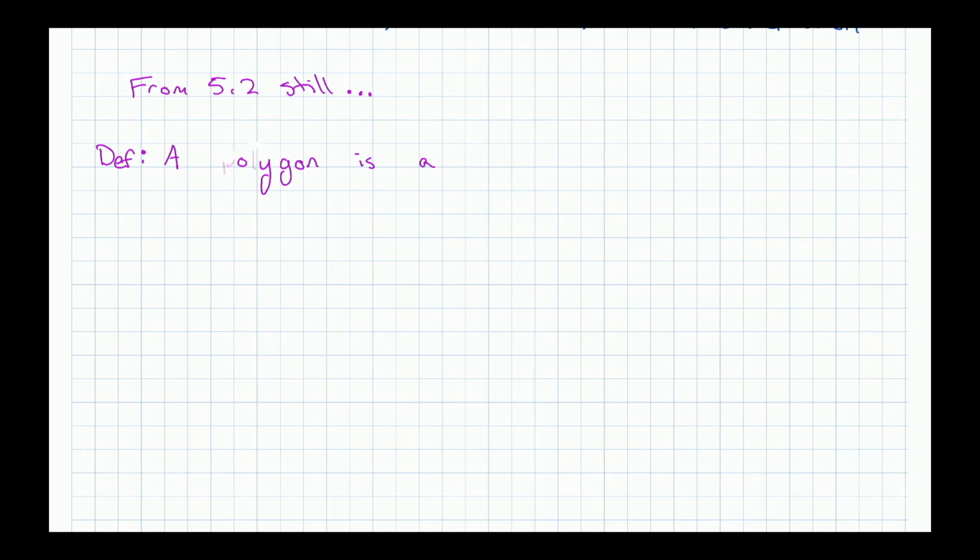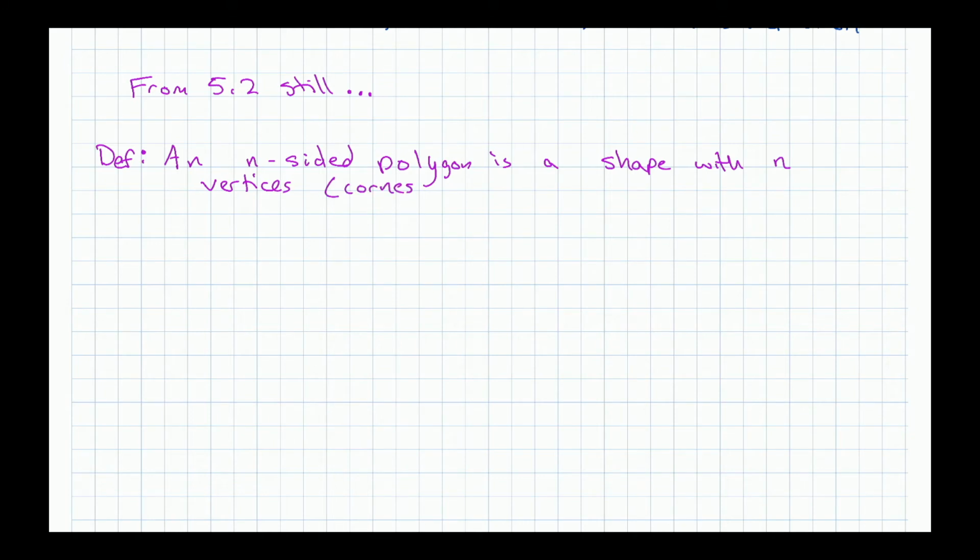I should rewrite this actually, an n-sided polygon. An n-sided polygon is a shape with, let's say, n vertices, which are going to be the corners of your polygon.